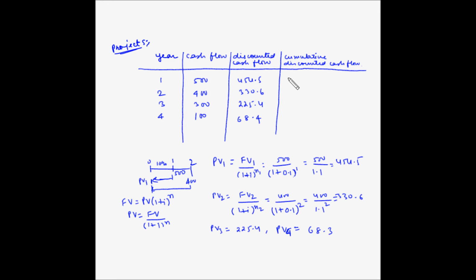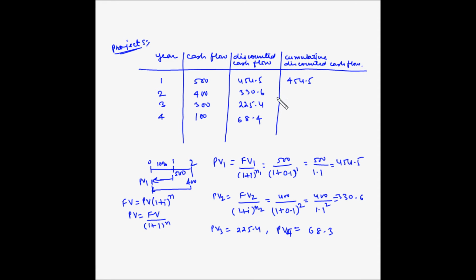So at the end of first year, the cumulative is the same, which is 454.5. At the end of the second year, the cumulative discounted cash flow will be the addition of the discounted cash flow at the end of the first year plus the discounted cash flow received at the end of second year.